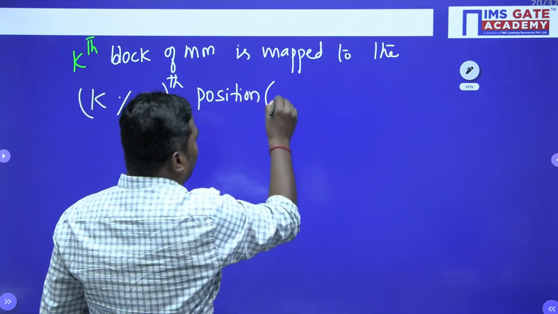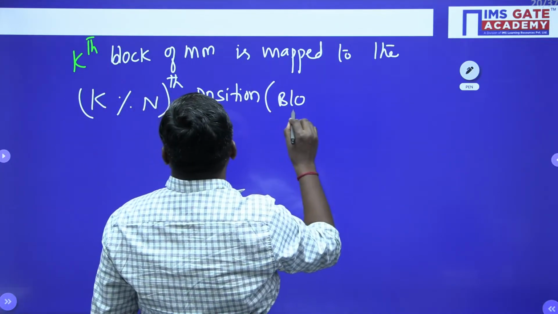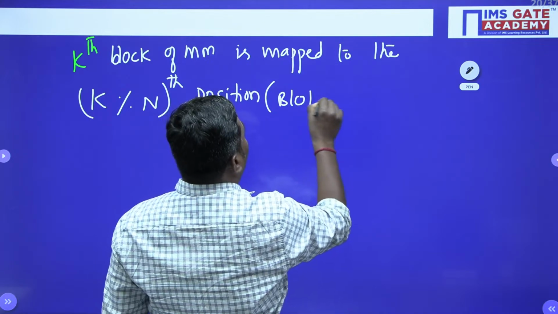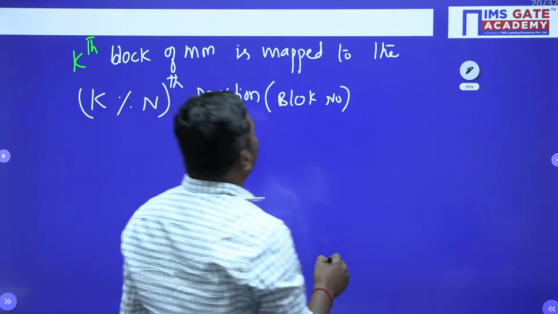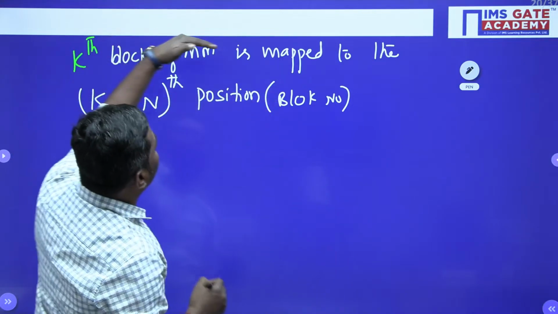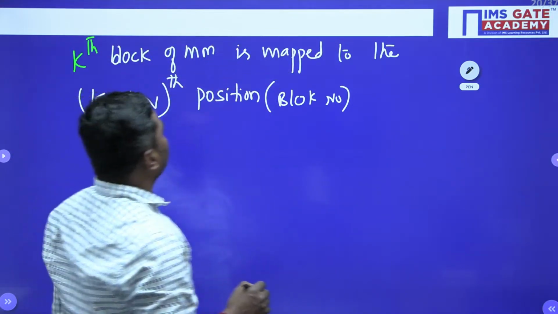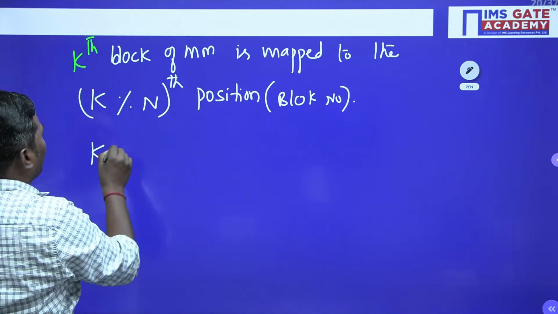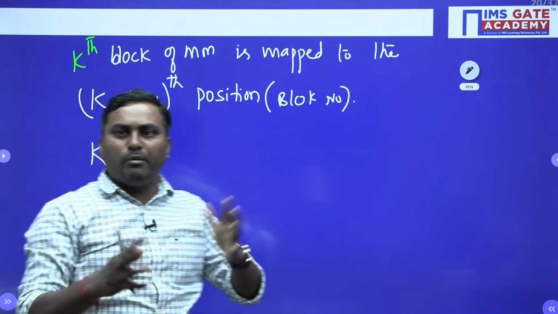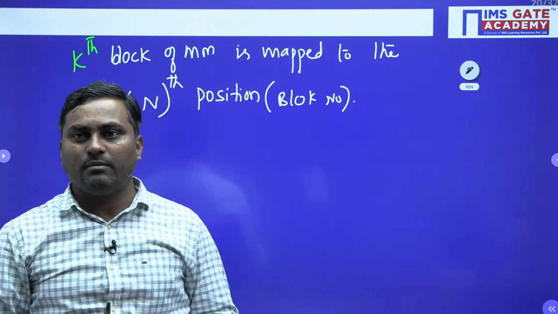The position is nothing but the block number, the k modulo n th block number. So the kth block of main memory is mapped to this position. What is k here? K is the main memory block number.